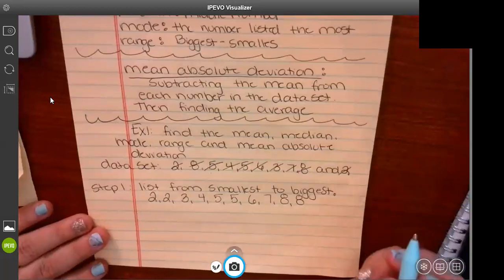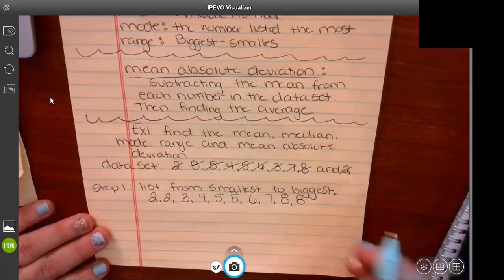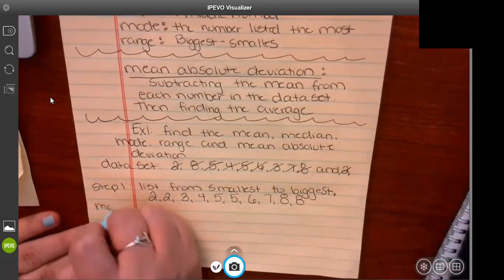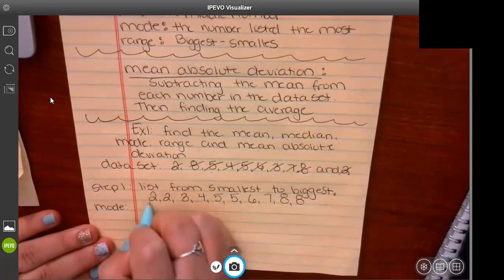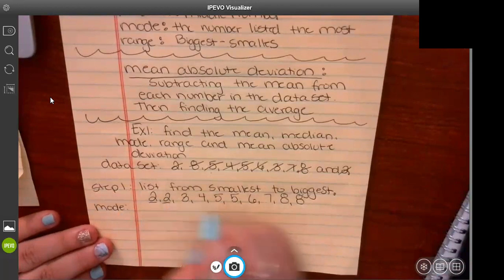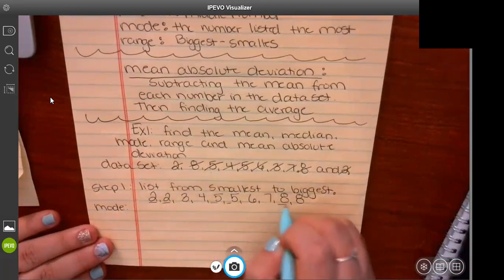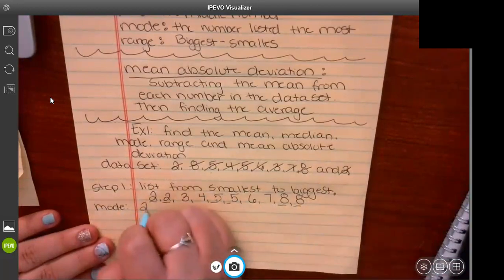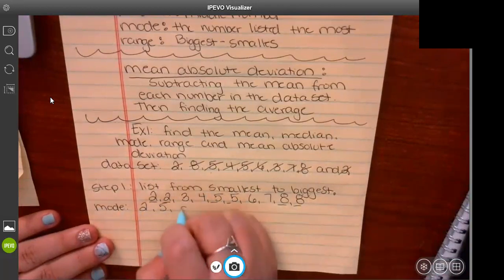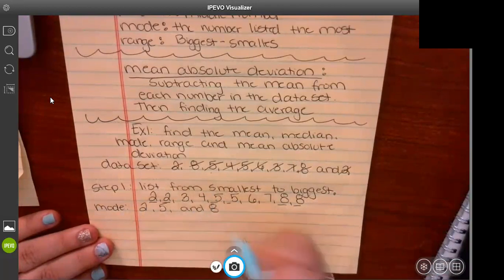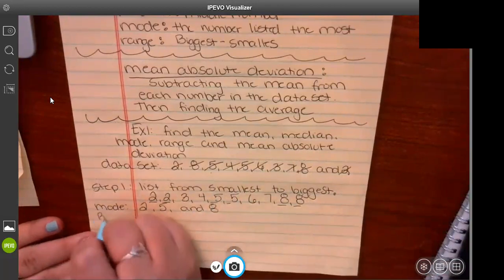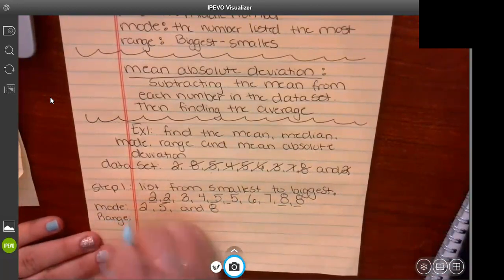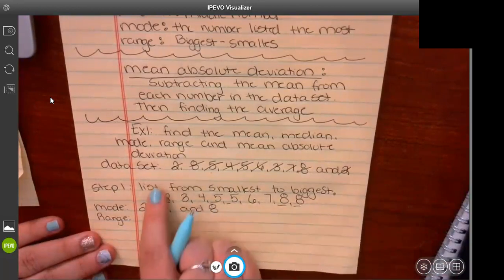So let's find the mode, the range, and the median, and then we'll end with the mean. So the mode, we see there are 2 2s, 2 5s, and 2 8s. So we're going to have 2, 5, and 8. Our range will be the biggest number minus the smallest number.